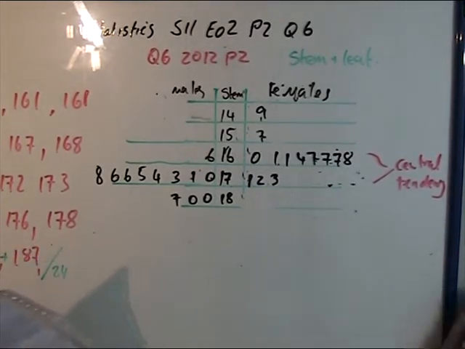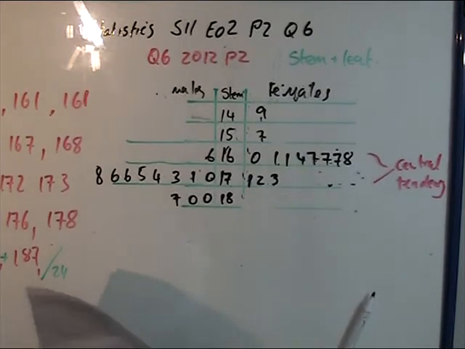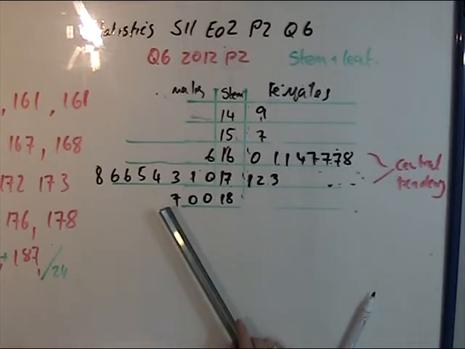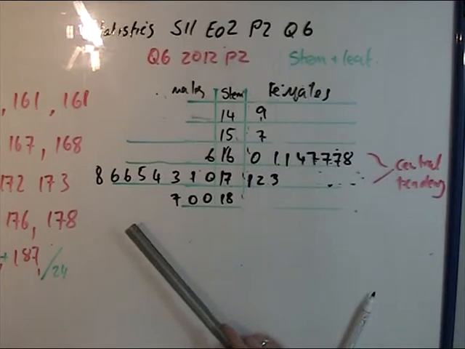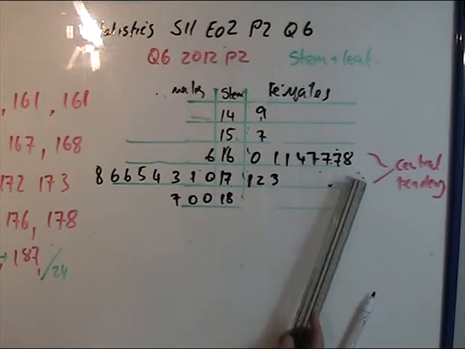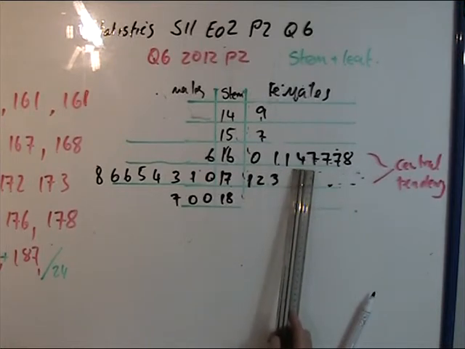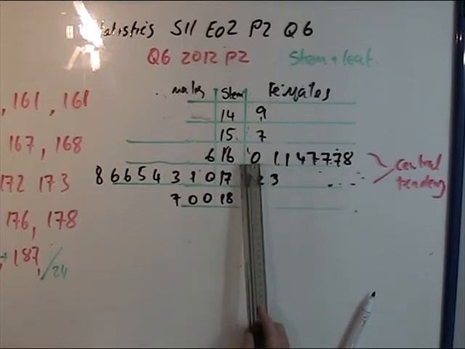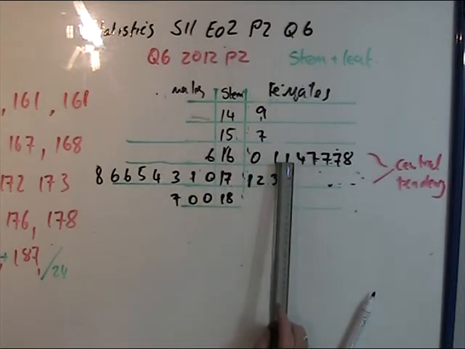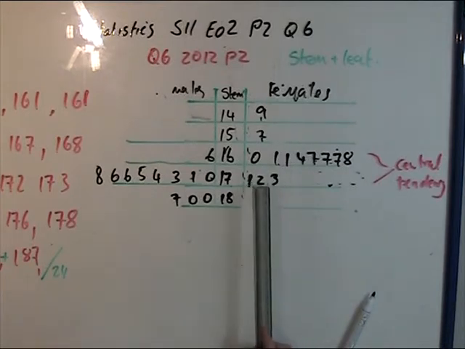Anything else here? It says comments. State one difference and one similarity between the two distributions. Well, you just look at it long enough and maybe something will come up. You could say that their distribution is nearly 10 centimeters in the difference.